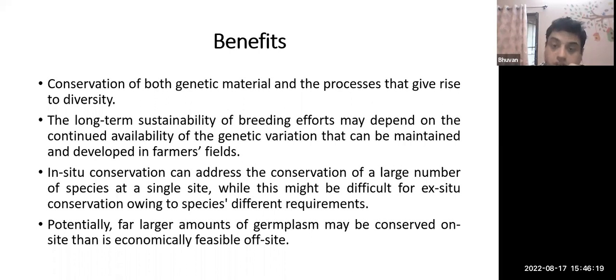So we might not need to involve various other strategies for them. In one strategy only, we can address the conservation needs of a large number of species at a single site. So you can say it is a pocket friendly approach, and at the same time, a large amount of germplasm is conserved.